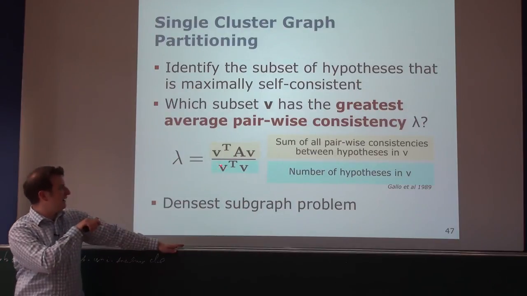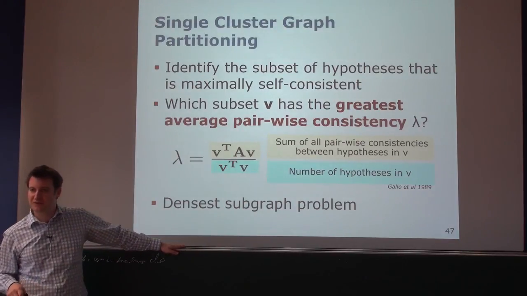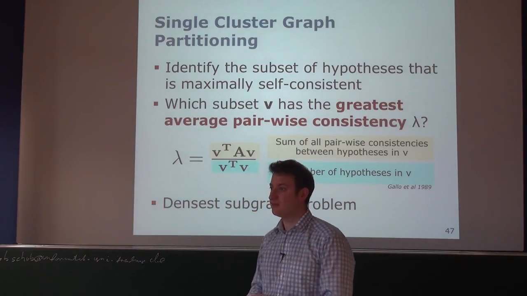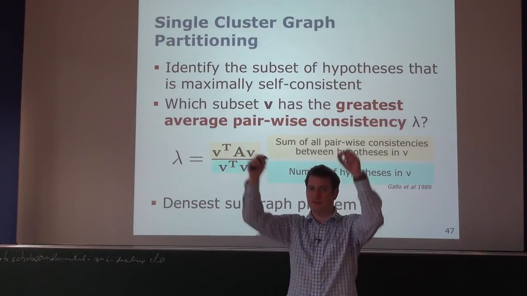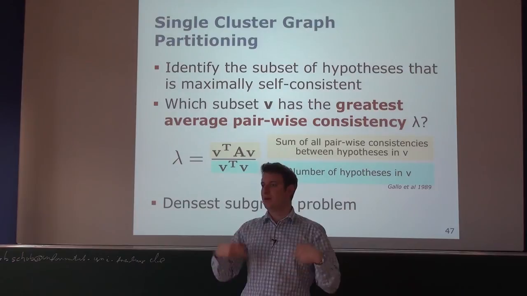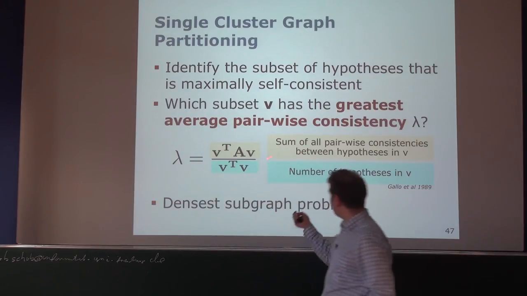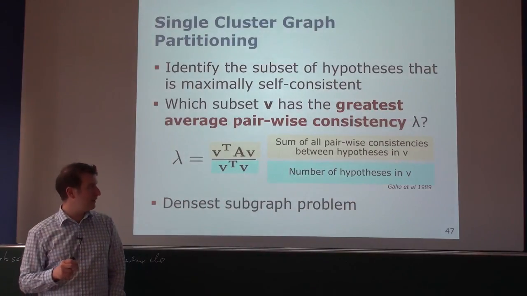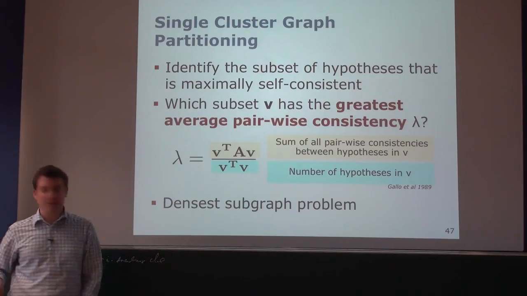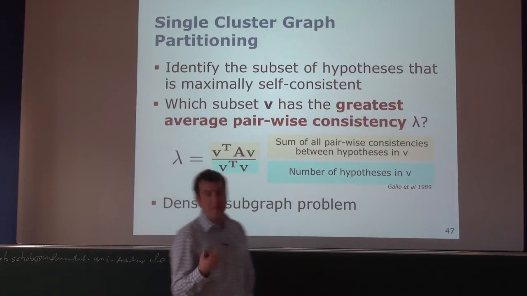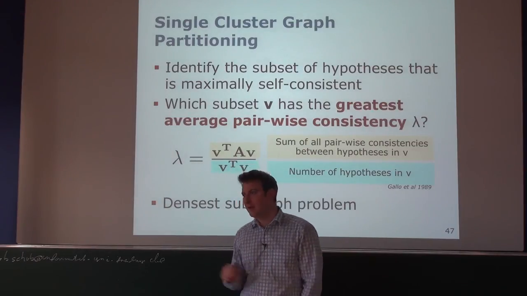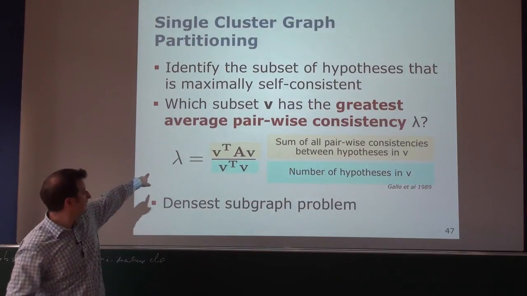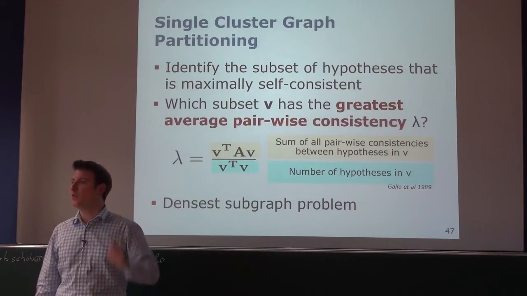And then I divide it simply by v transpose times v, the scalar product of this vector v, which is simply the number of hypotheses which are correct according to this vector. So just an average. Because it consists of 0s and 1s, they are the same vector, so whenever both elements are 1, I just add plus 1. So what I get in here is the sum of all pairwise consistencies between hypotheses in this indicator vector divided by the number of hypotheses. So it's kind of the average pairwise consistency. Now, given an indicator vector v, I can compute this quantity, and this gives me a score.